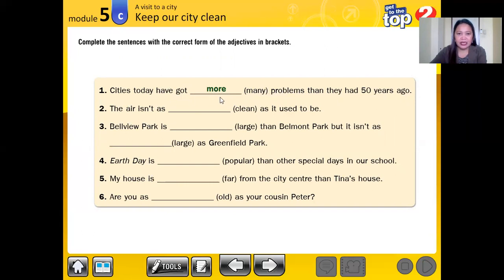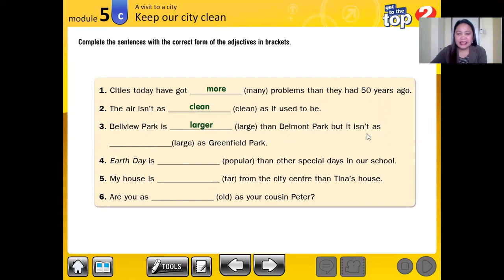Comparison. Okay, number 2. The air isn't as clean as it used to be. Bellevue Park is larger than Belmont Park. So we are comparing two places or two parks here. So we use the comparative form.